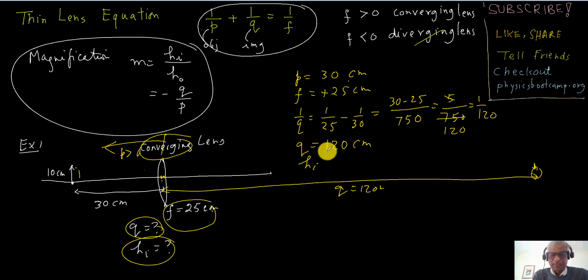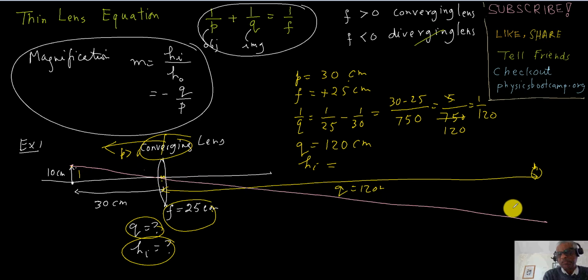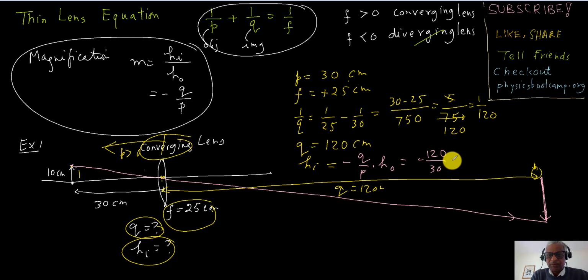Let's see, hi is going to be, or very large. I think it's going to be large, not small. I just said exactly the opposite. This is going to have to travel quite a bit to meet the tip over there, so it's going to be large. hi equals, using this, minus q over p times ho, which is minus 120 over 30 times 10 centimeters.